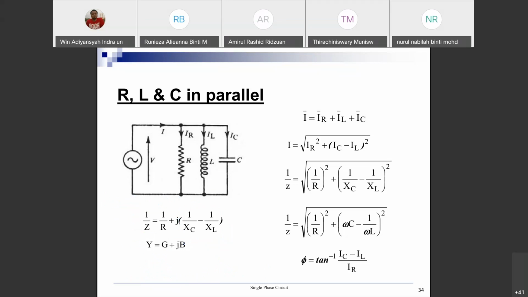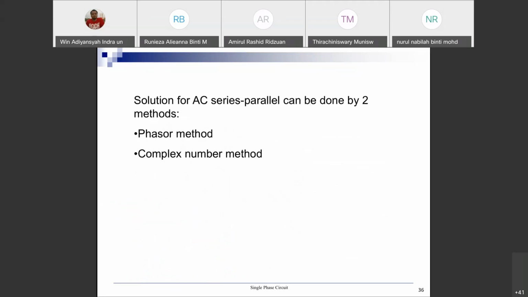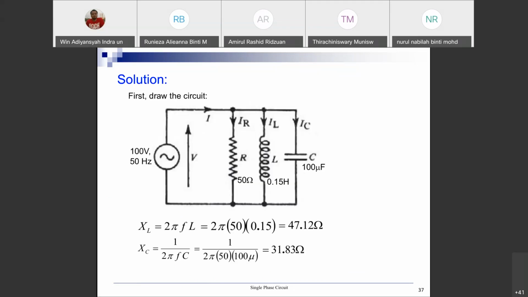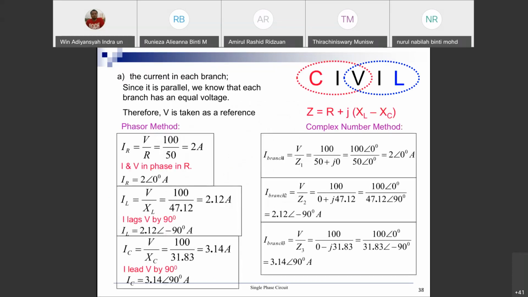Okay, let's see next one. Solution for R, L, C series and parallel can be done by phasor method and complex number method. This is phasors. Let's compare.